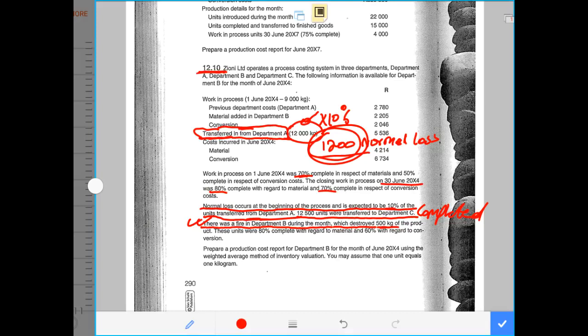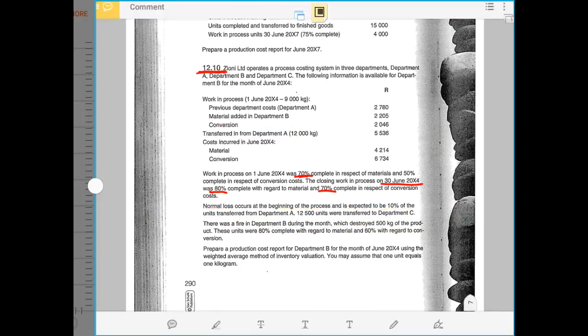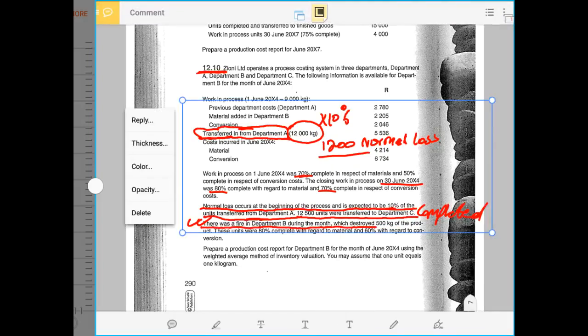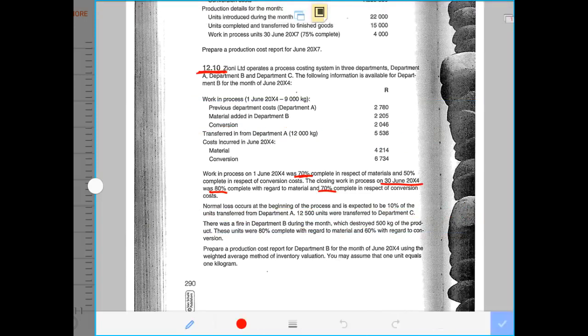Any loss that occurs because of the breakdown of the machine, or the breakage in the machine, any of such loss will be recognized as abnormal loss. Hence, this 500 will be recognized as abnormal loss.